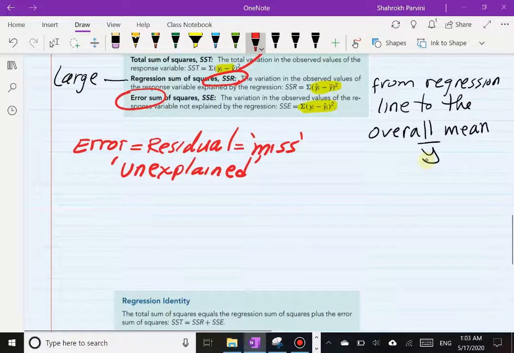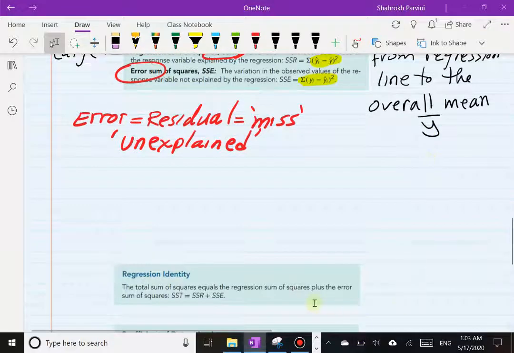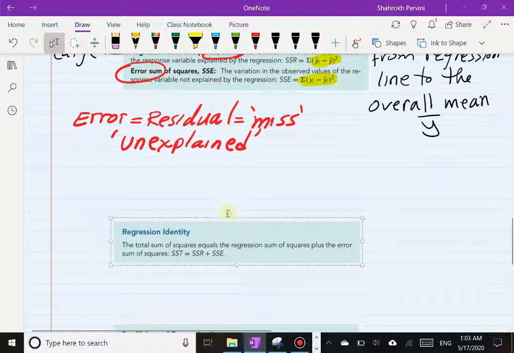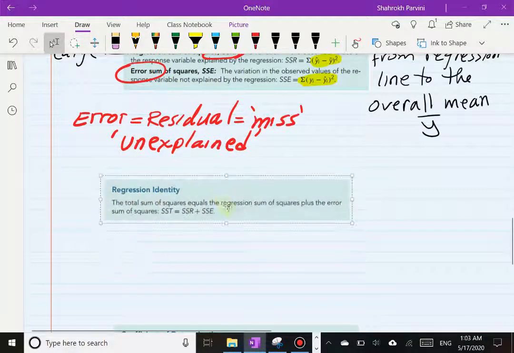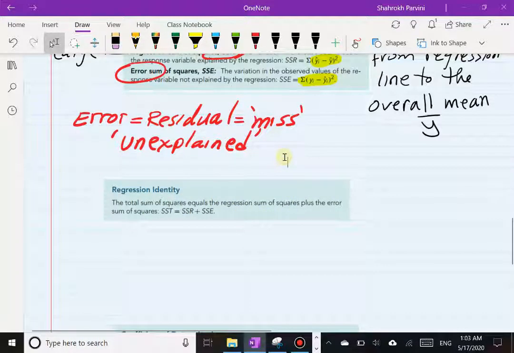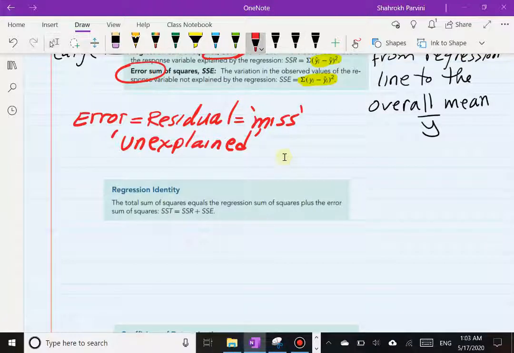Now, from this we can actually get what we call the regression identity. The regression identity indicates what we knew already. Remember, we partitioned the vertical distance into two parts, and that's what this identity tells us, that the total sum of squares is made up of the regression sum of squares plus the error sum of squares.